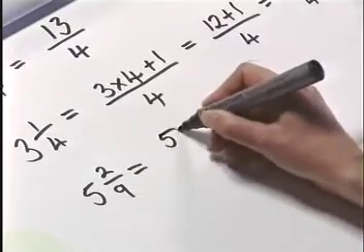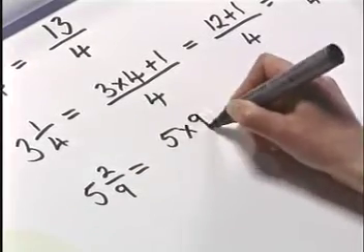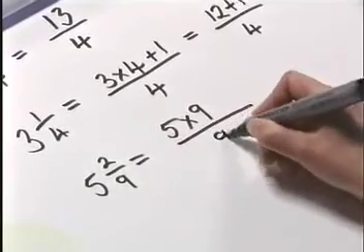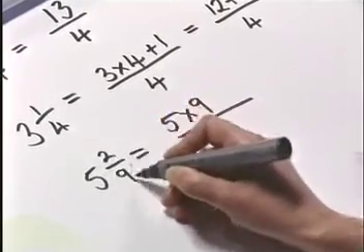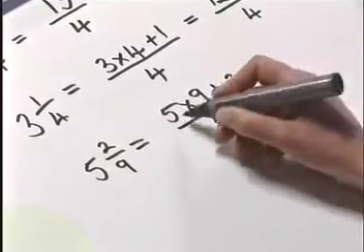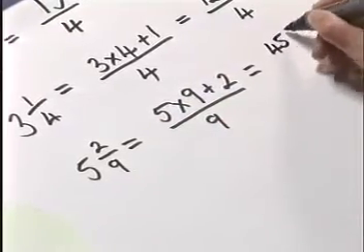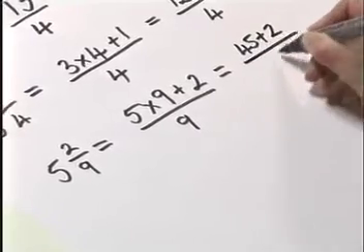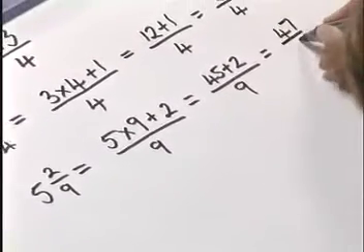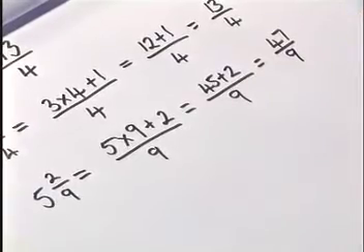So we're going to have 5 times 9, lots of 9ths this time. And then we need to add on the 2 9ths that we have here. So our 5 9s are 45, plus the 2, and they're all 9ths. So we have 47 9ths.